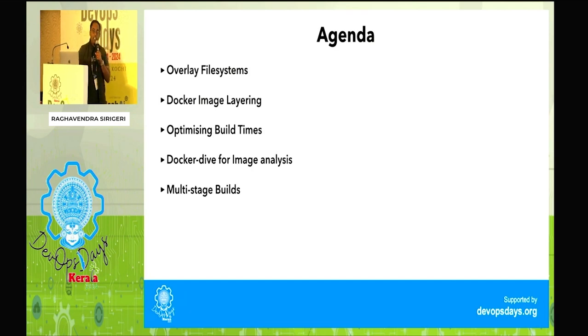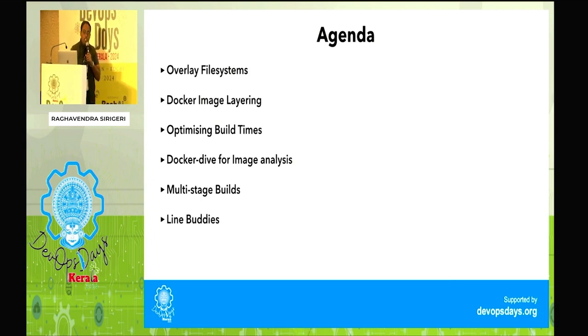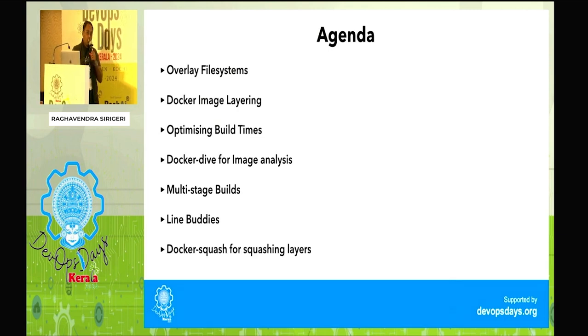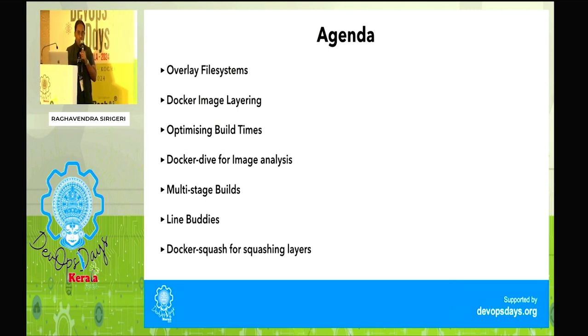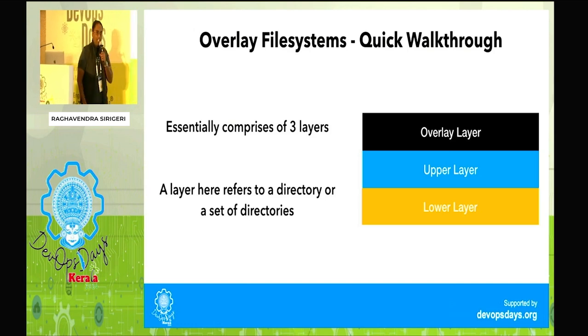We'll also look at a very important technique that everyone in this room should really know, multi-stage builds. Then we're going to talk about Linters, and then another tool called Docker Squash, which will help you in squashing your Docker image layers.